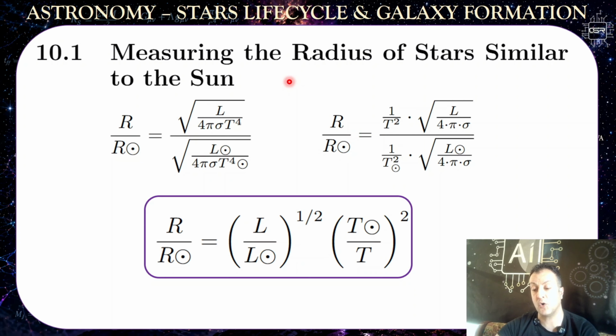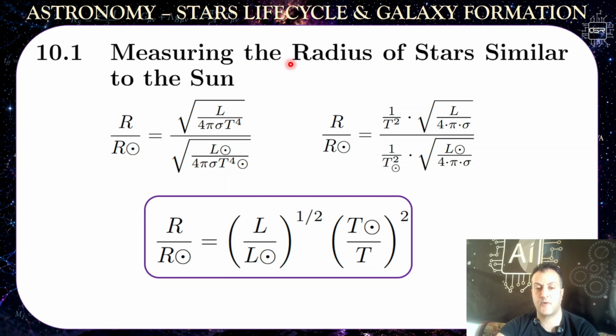R divided by R of the Sun, this is the circled dot by the way, a symbol referring to the Sun, is given by the square root of luminosity divided by 4 pi sigma T to the power of 4 for the star to be measured, divided by the square root of luminosity of the Sun over 4 pi sigma T to the power of 4 of the Sun, temperature of the Sun in Kelvin.